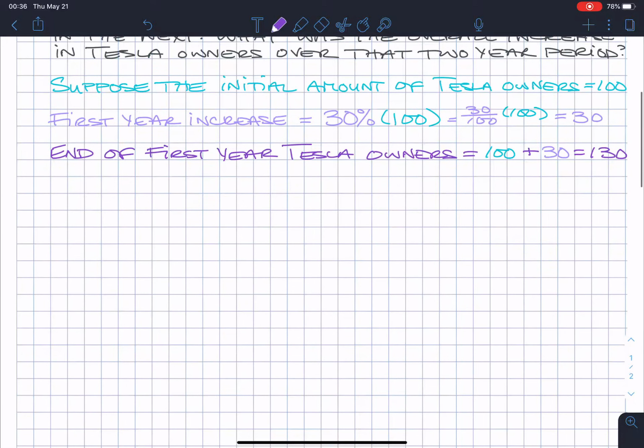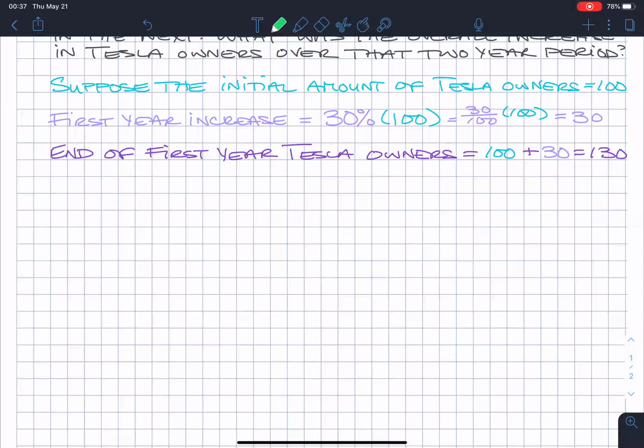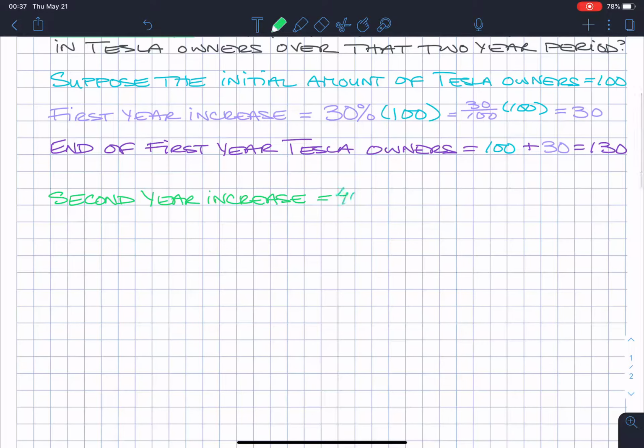So now let's analyze the second year. The second year increase in ownership was 40% in the next year. So 40% of the final amount in the previous year, which is 130.